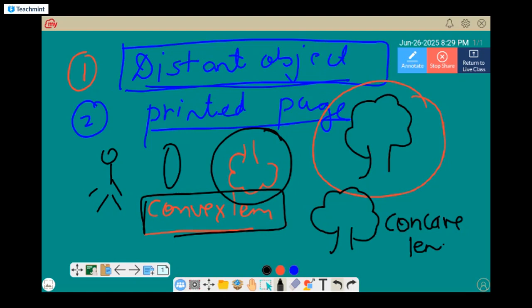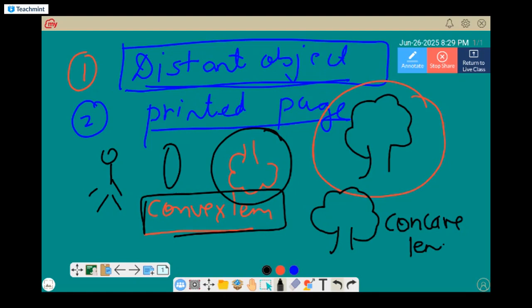Now, the second situation we have is a printed page. There is some content given to you, some terms are written, and they have given you a lens. So if you're using a concave lens or a convex lens, how do you get to know? If you bring this lens, let's say we have taken the convex lens, how will you see the image?